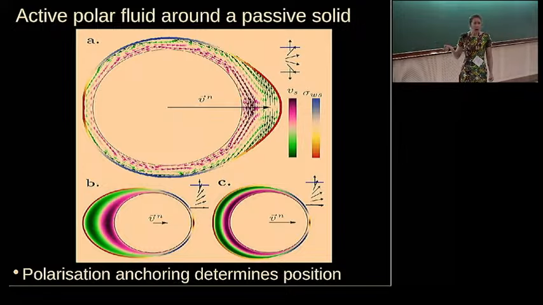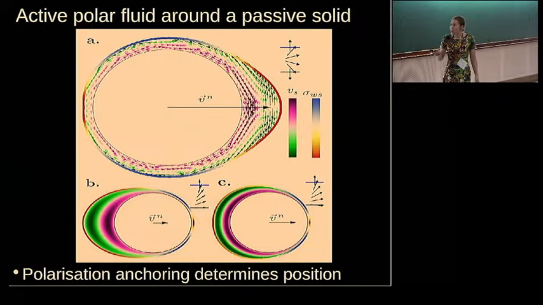And what I want to highlight here is that the position of the inclusion with respect to the fluid around it is different in these different cases. So in this case, it's more to the back. The arrow here is the direction of movement of the entire system. And in these two versions, it's more at the front.